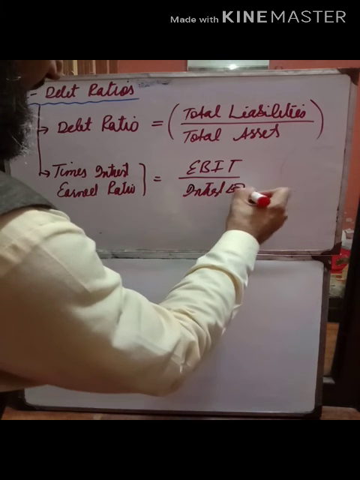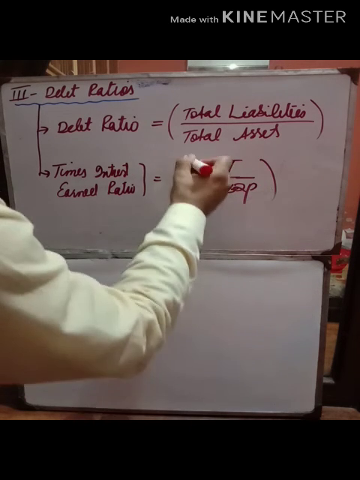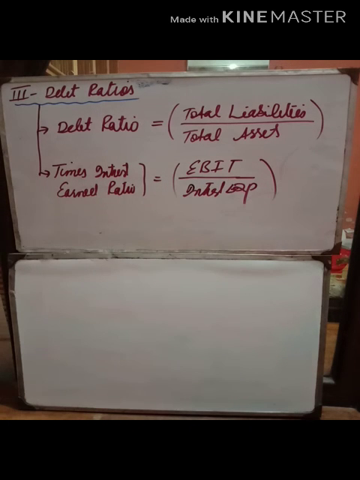So EBIT means earnings before interest and taxes, divided by the total interest expense of the period.